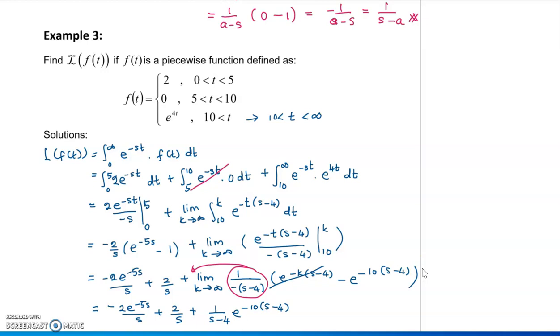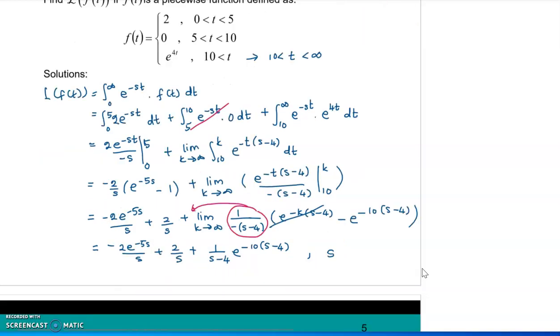Now let's think, what is the condition for s? Look at this e^(-t(s-4)). In order for this problem to have the solution, the exponent here cannot be infinity. Otherwise, the result will be infinity. So this value here basically needs to be negative. So s minus 4 should be positive.